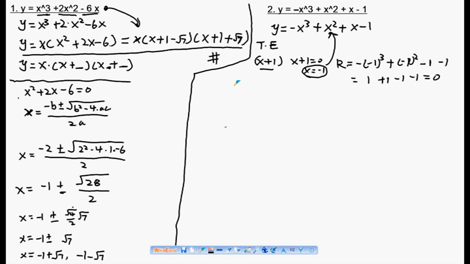So x plus 1 is a factor. Then we can do a long division to find the other factors.